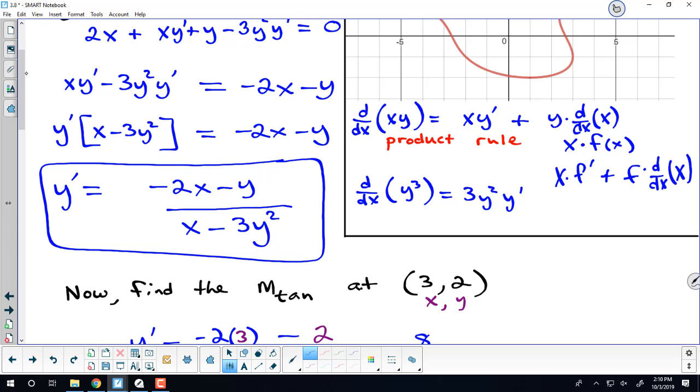But here, y is actually a function of x. So whatever you want to look at, like sine of x cubed, e to the 2x cubed, the square root of x minus 1 cubed, whatever that function of x happens to be, those are chain rules. This is just a power rule.